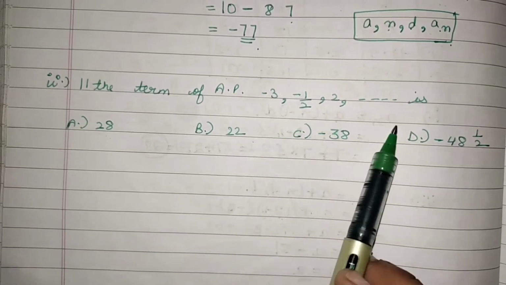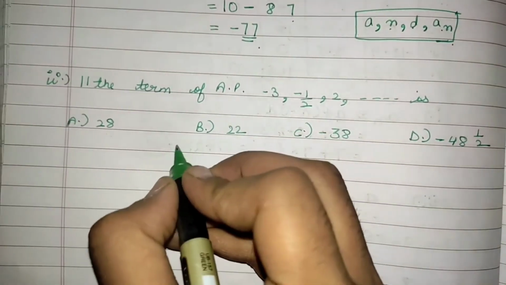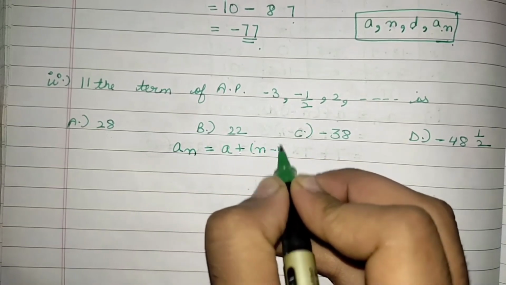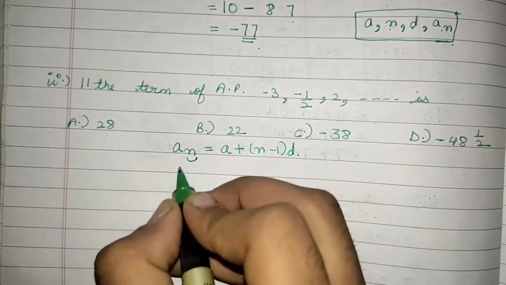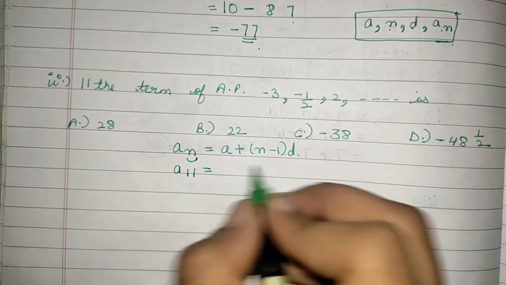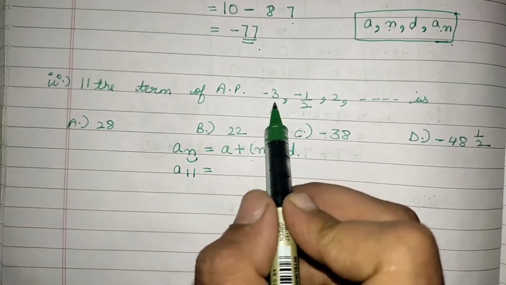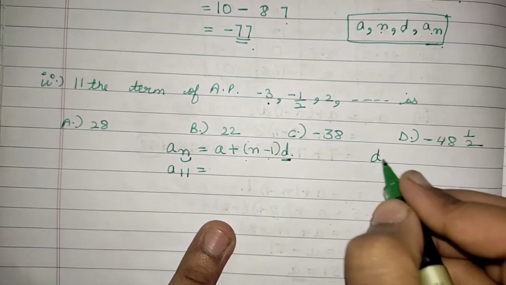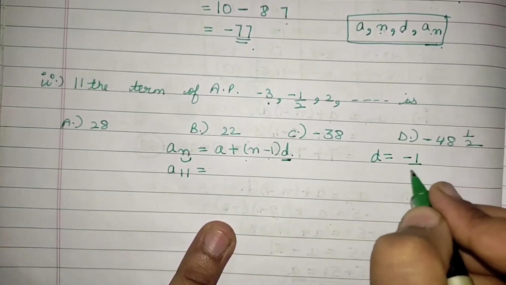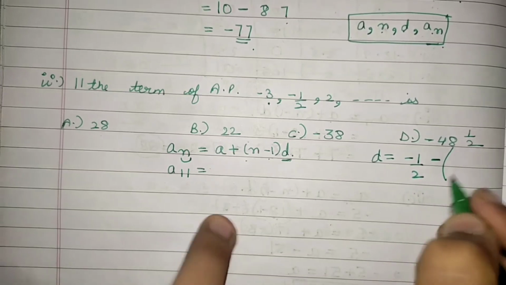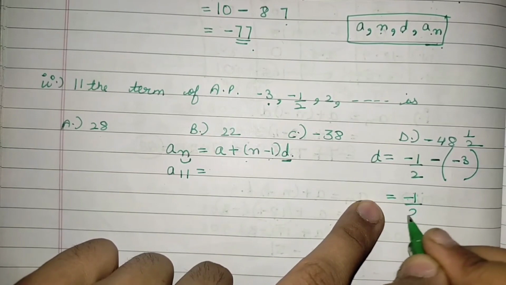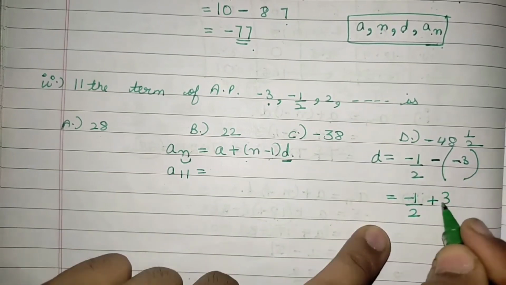So I think you can find it very easily by using the formula a_n = a + (n - 1) d. n is my 11. So you can put all the remaining values. a is my minus 3, and I have to find out d. d will be equal to minus 1 by 2 minus the value of a, minus 3. So minus 1 by 2 plus 3.